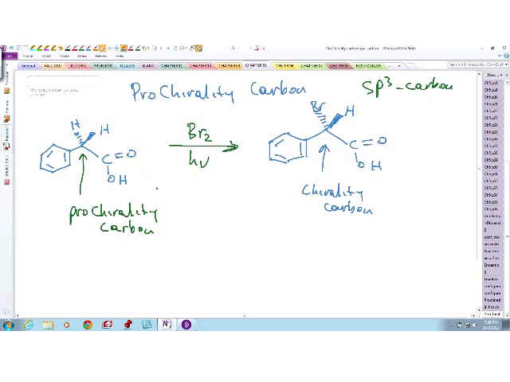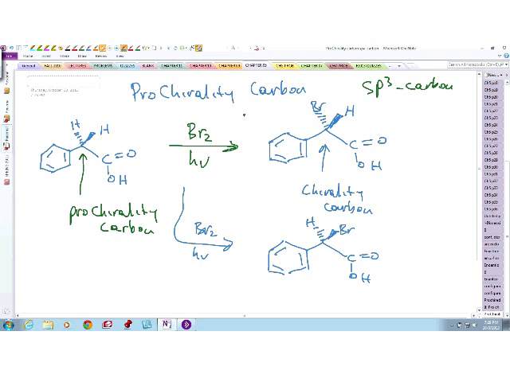Supposing we replace this hydrogen, do the same reaction. Now we get another pro-chirality carbon.